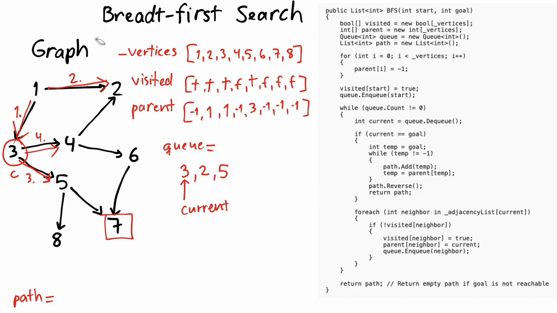We set that we have visited that one, and we said that the parent is 3, and then we set that number 4 to our GUI, and we have done everything because we have checked all neighbors.